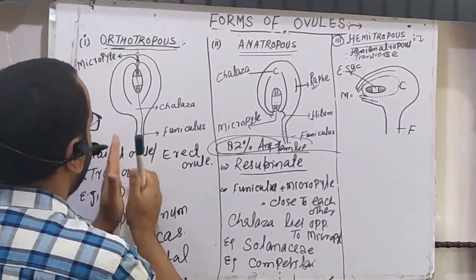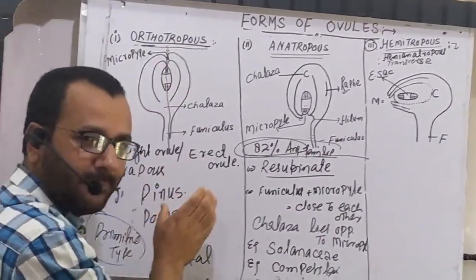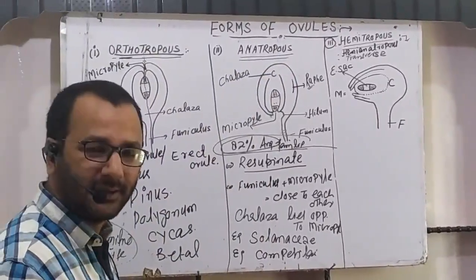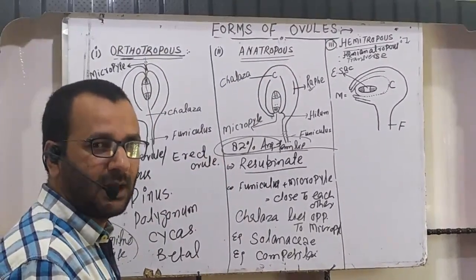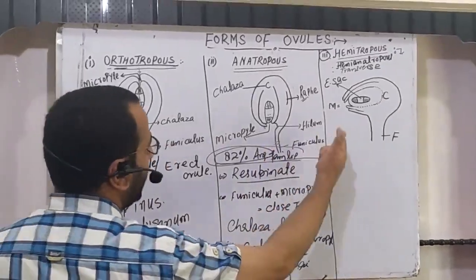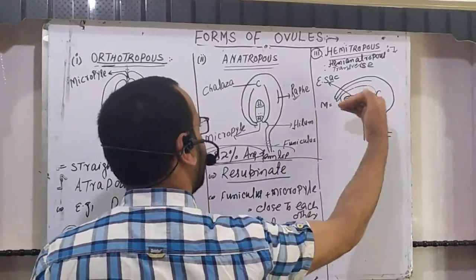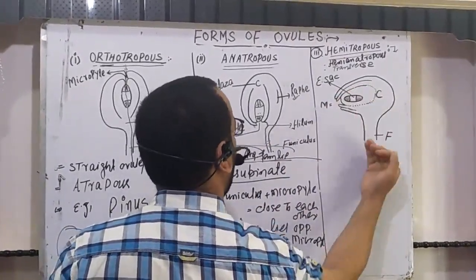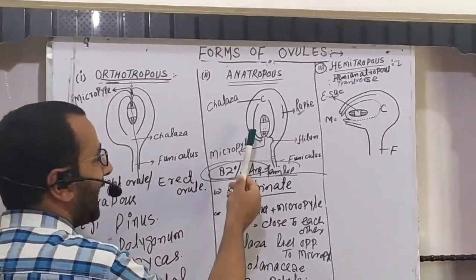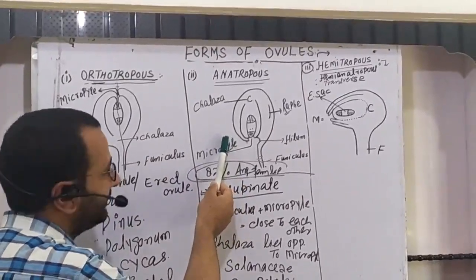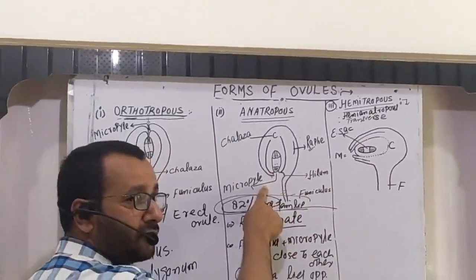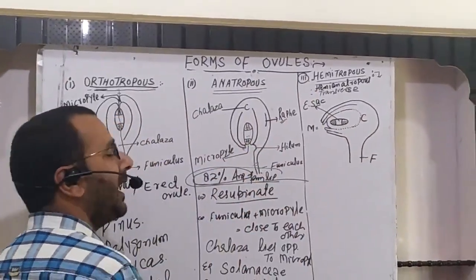This one is a straight ovule. This one has undergone a bend or curvature up to 180 degrees. This one has also bent, but the bend is up to half. That is why it has not bent like this one, but the bend is just half of anatropous. That is why it is sometimes termed hemianatropous.